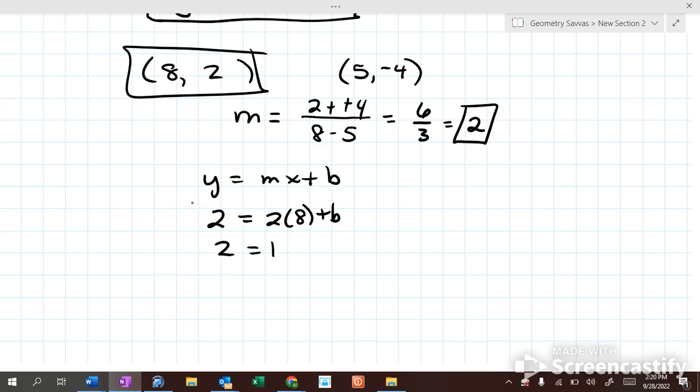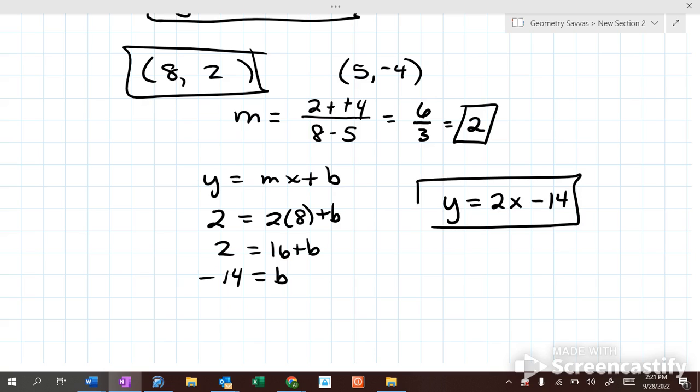So 2 equals 16 plus b. B equals negative 14. Okay? Now that we know that, I can write my y equals mx plus b equation. Y equals 2x minus, because it's plus the negative 14, or just minus 14 works. Can you do that?